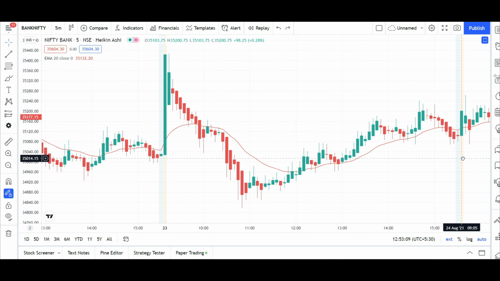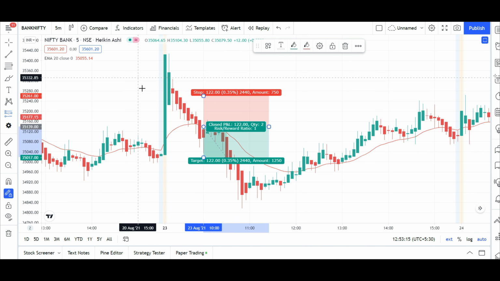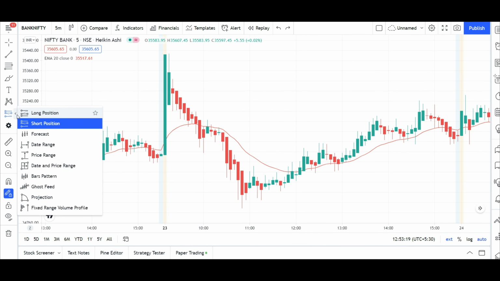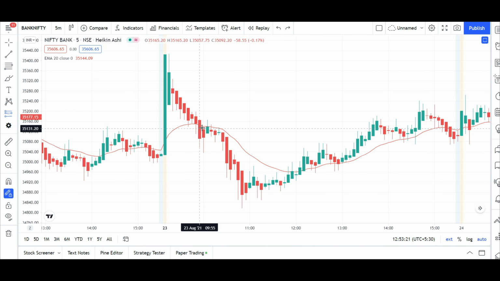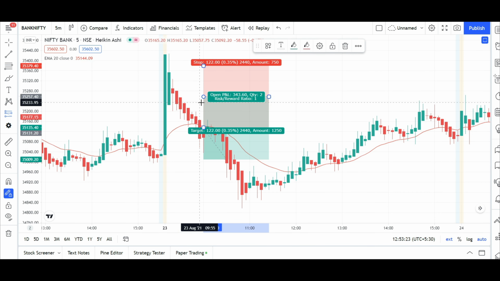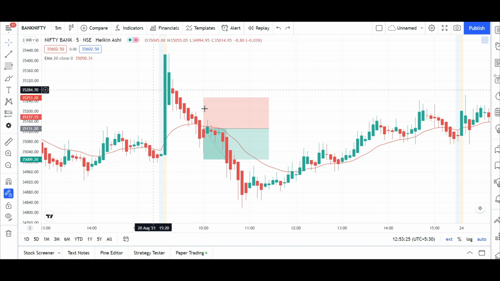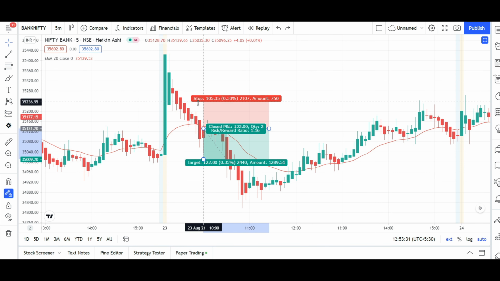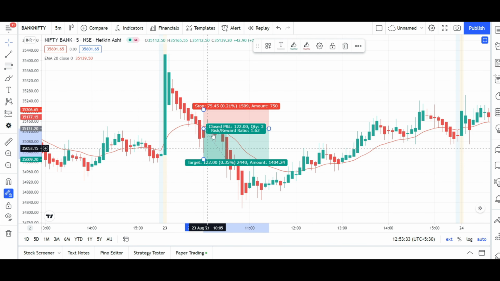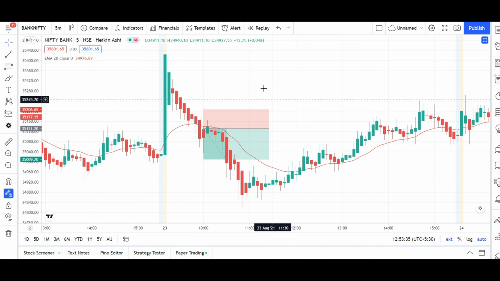And if we are short selling it, if we have entered in a short position, it should be at least 0.30 to 0.40% above our short selling price. All right, so this is completely according to my experience.